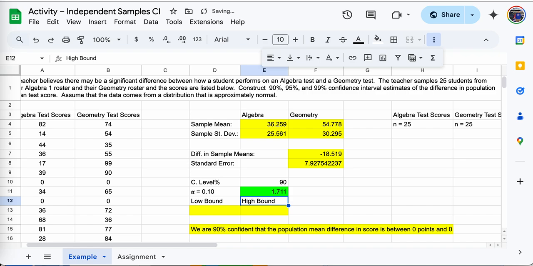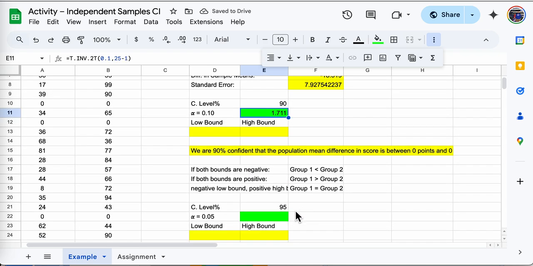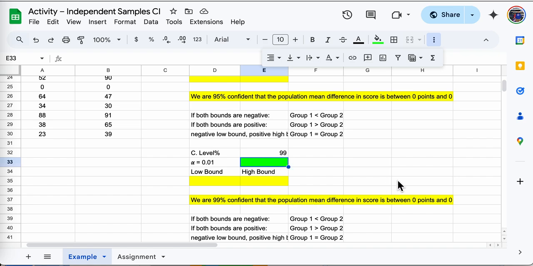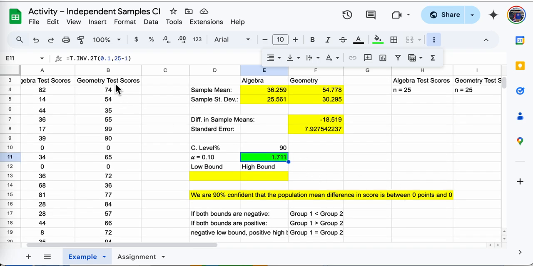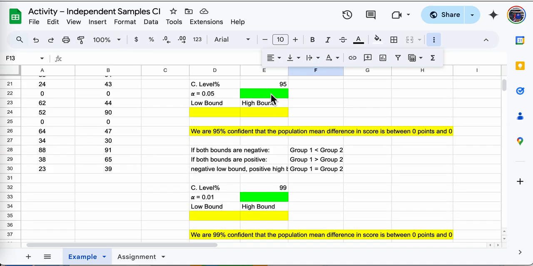So lock that in. Going from here to here to here, the only thing that's going to differ is the alpha value, so we might as well just take care of that right now. So 0.1 goes to 0.05.